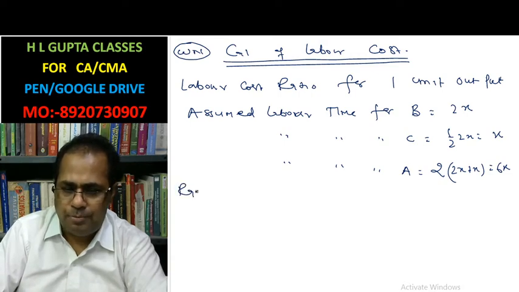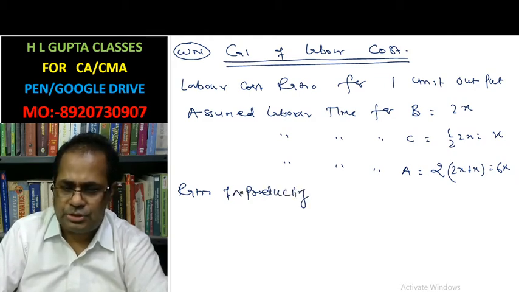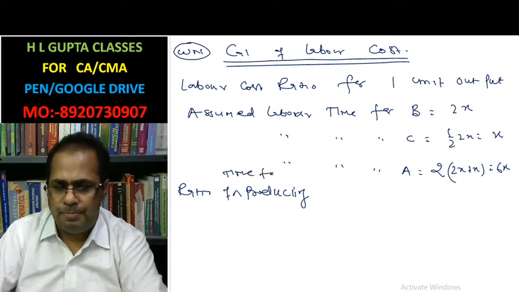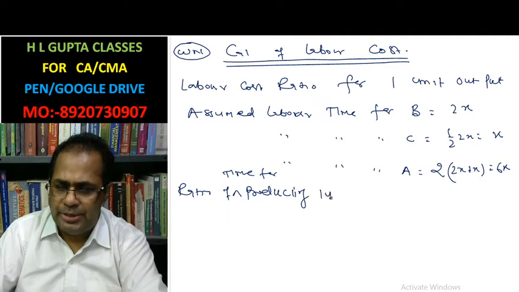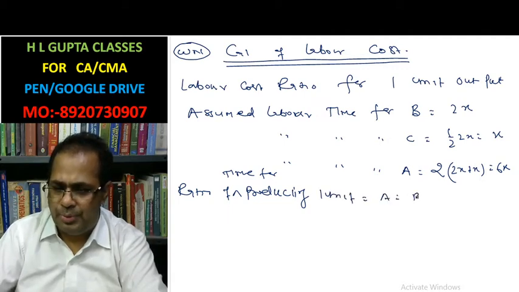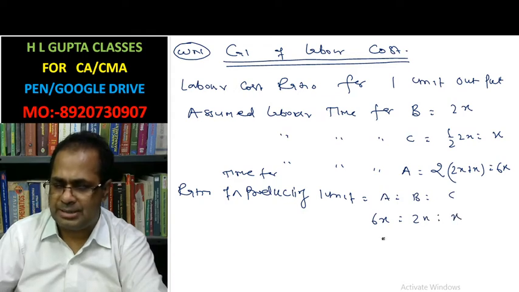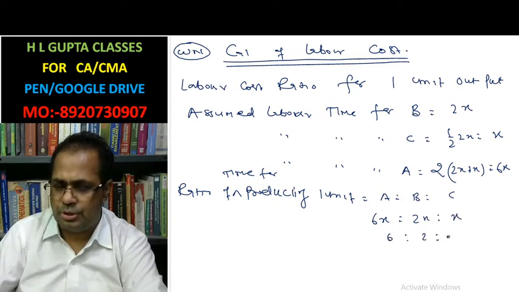Ratio of time for producing one unit, A is to B is to C, that is 6x is to 2x is to x, that is equal to 6 is to 2 is to 1.